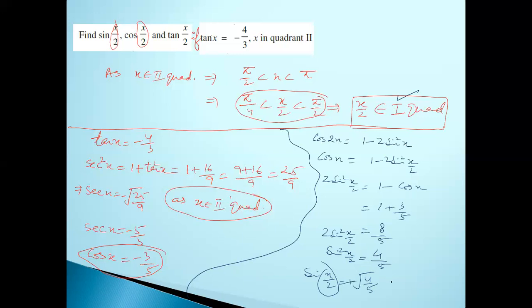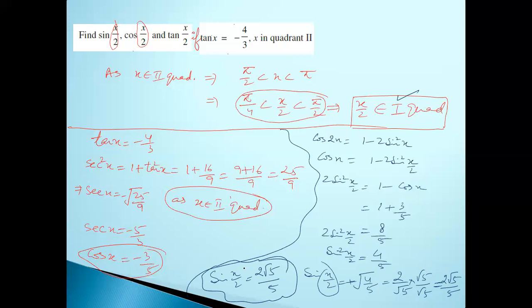That is 2 upon root 5. You can rationalize it. We can write it as 2 into square root of 5 upon 5. The value of sin x/2 equals 2 into square root of 5 upon 5.